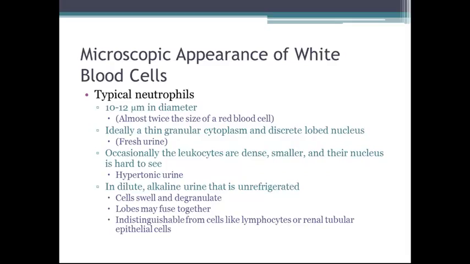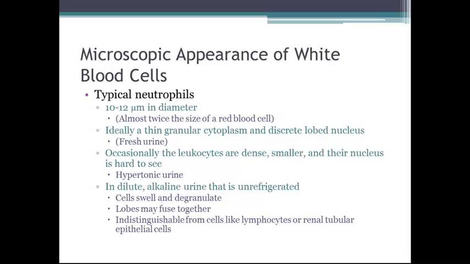The microscopic appearance of white blood cells: typical neutrophils are 10 to 12 micrometers in diameter, almost twice the size of red blood cells, ideally with a thin granular cytoplasm and a discrete lobed nucleus in fresh urine.